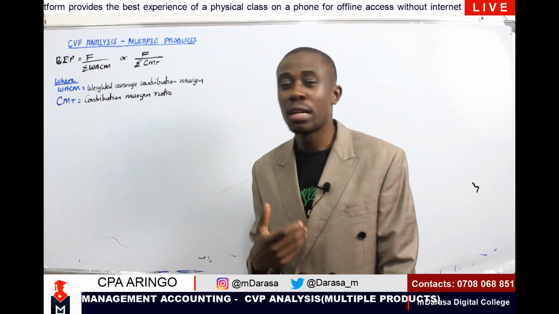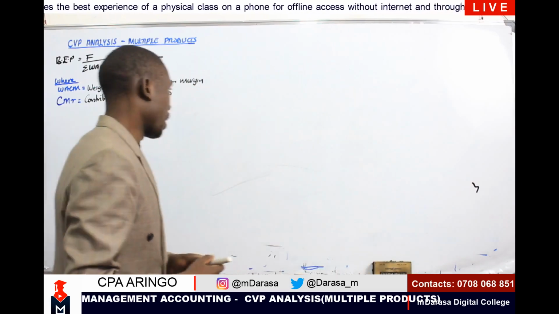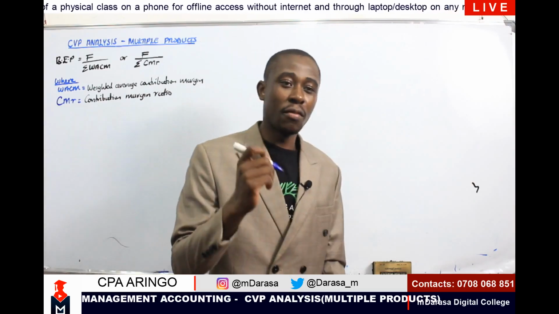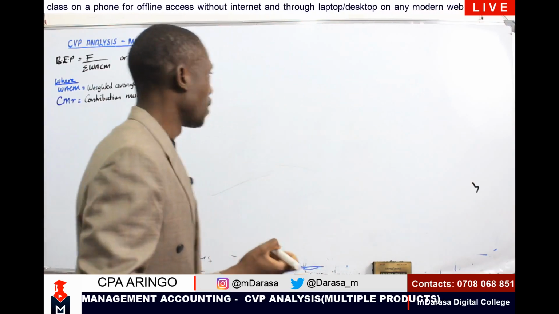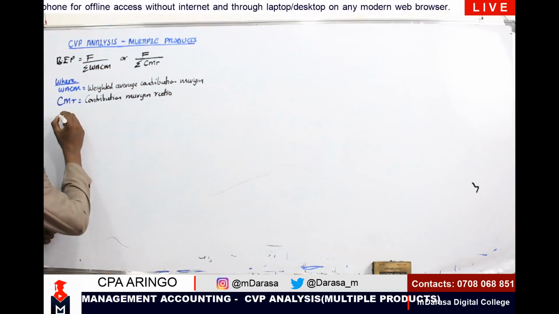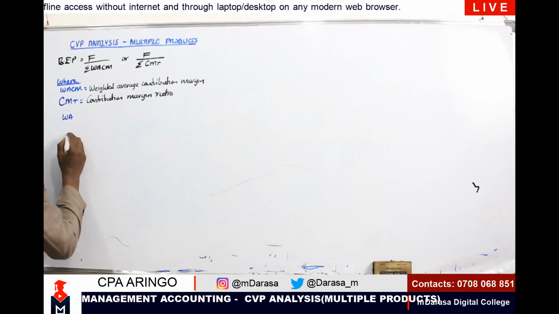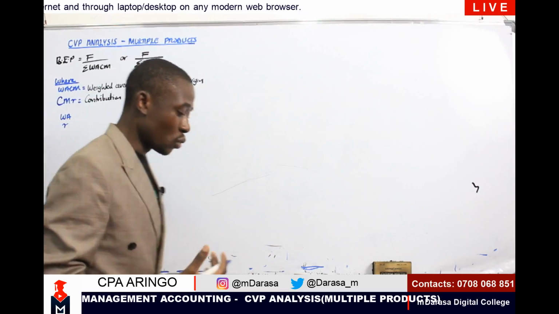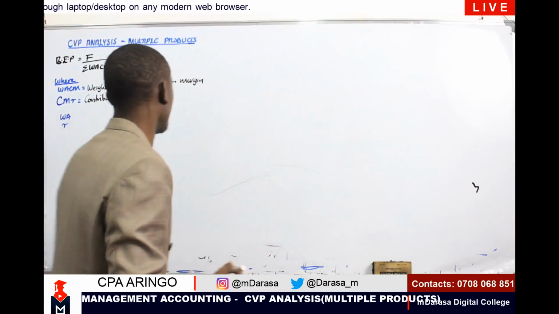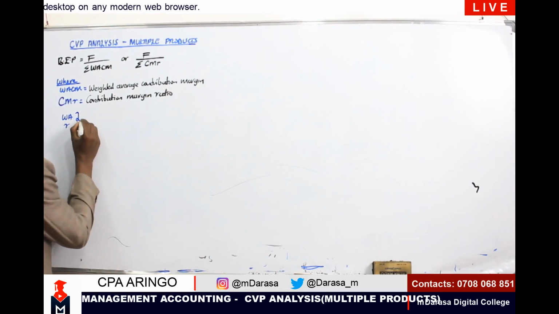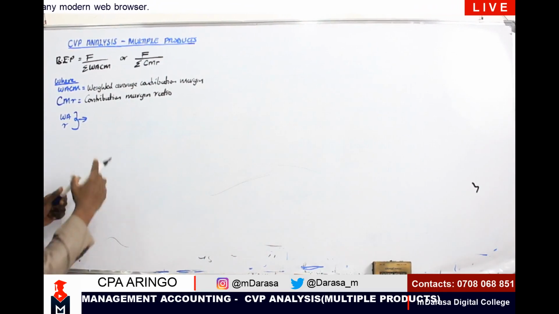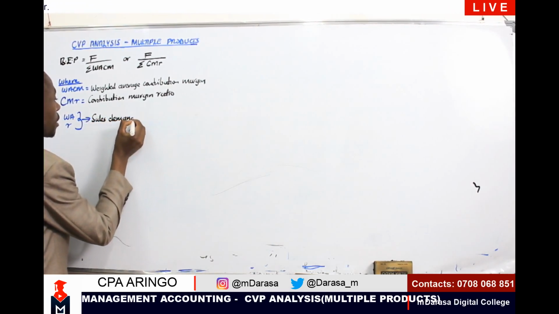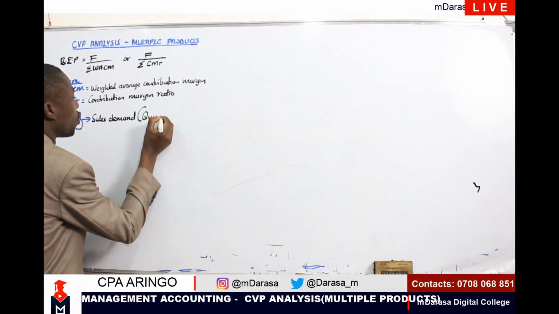So in this case, we are talking of our weights. For us to determine these weights, which I want you to mark very well, if possible with a different pen, whenever we want to determine our weighted average or our ratio, we normally use the sales demand, and of course this should be in quantity.